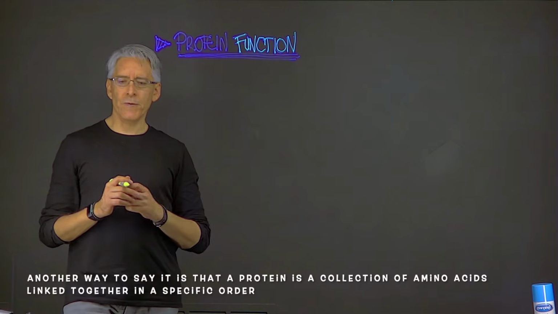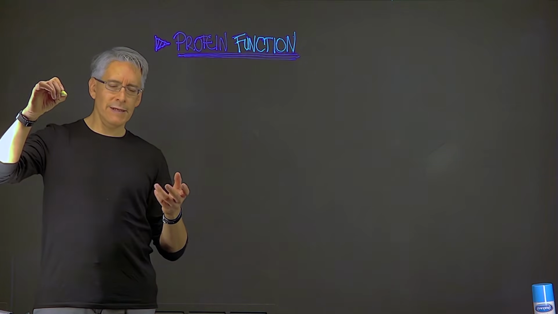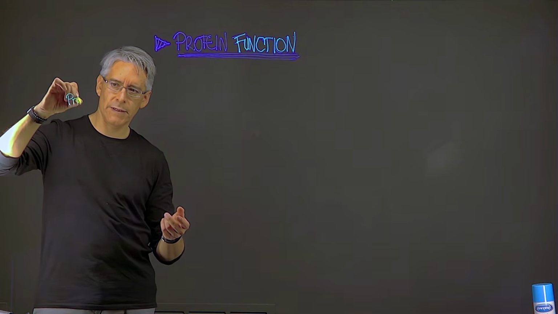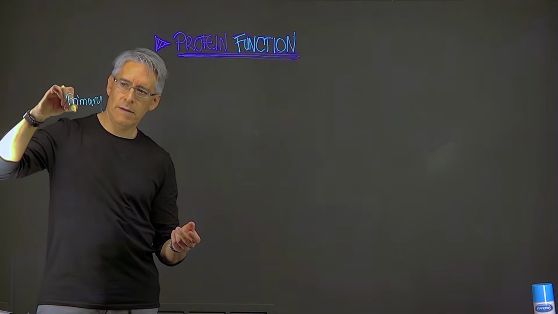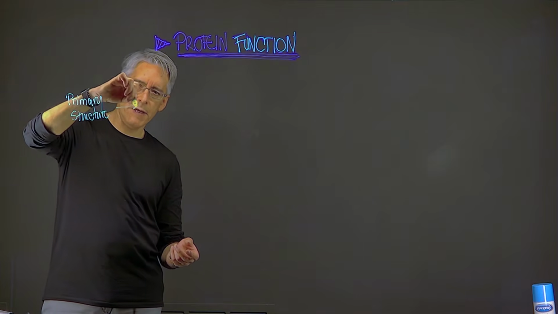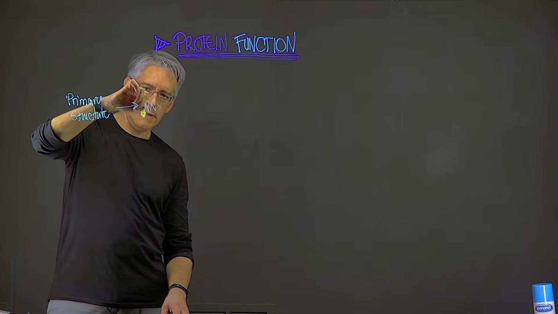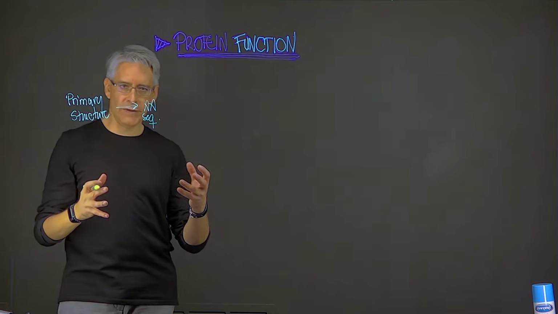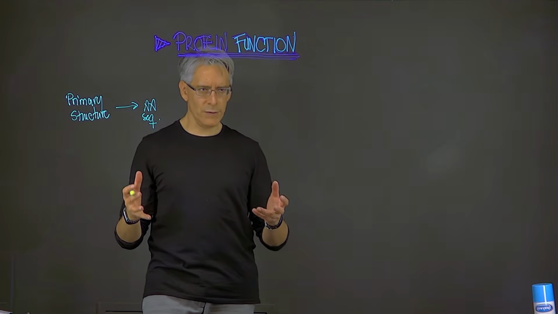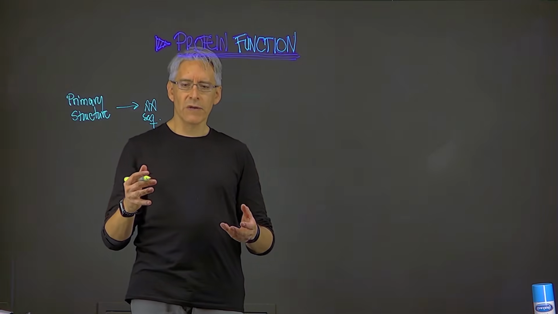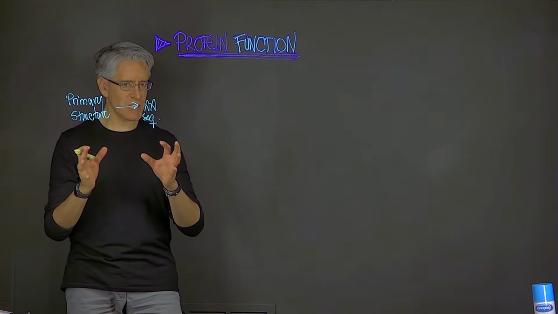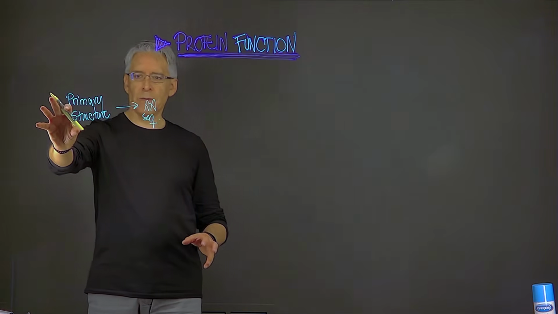So from that point of view, we can define the structure of a protein, also known as the primary structure of a protein, as the specific amino acid sequence that forms that protein. So let's, for instance, say you have a protein that is about 92 amino acids in length. So this specific sequence of amino acids that make that specific protein is the primary structure of the protein.